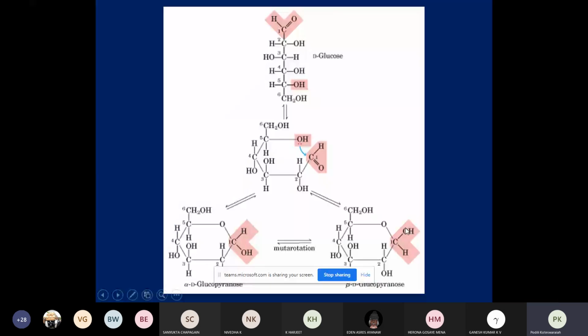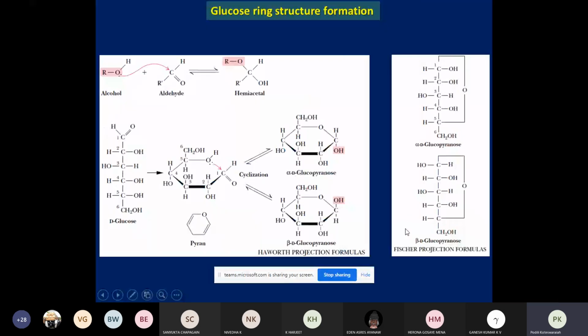In order to understand the pyranose and furanose structures, we need to understand what exactly happens when alcohol reacts with an aldehyde. When alcohol reacts with an aldehyde, hemiacetals are formed. So during glucose cyclization, you can see here the alcohol group on the fifth carbon attacks the carbonyl carbon. As a result, the reaction is between the alcohol and the aldehyde, and the hemiacetal is formed.